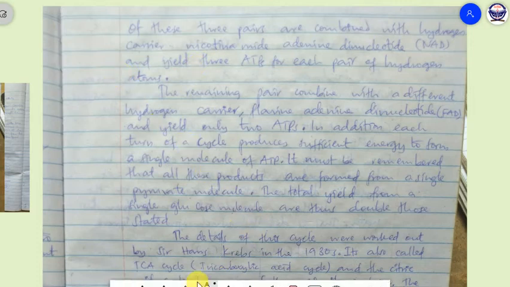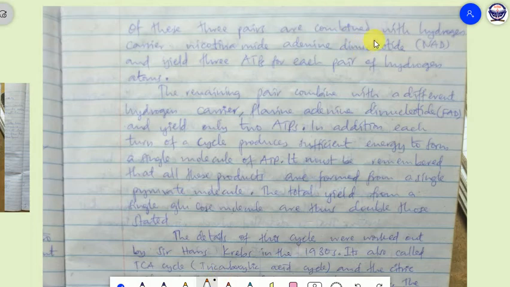Every molecule of NADH will yield 3 ATP in the electron transport chain, which is the third step of respiration of carbohydrate, as we shall discuss later.